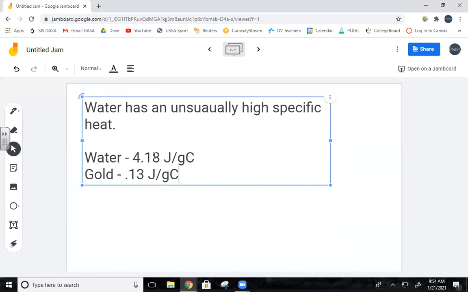What does that mean? In terms of specific heat, what does that mean about water versus gold? What do you think? Is it harder or easier to heat up water? Hannah? It's harder to heat water than gold.